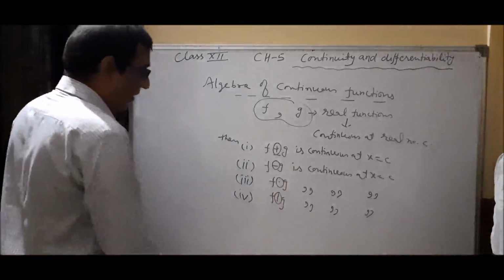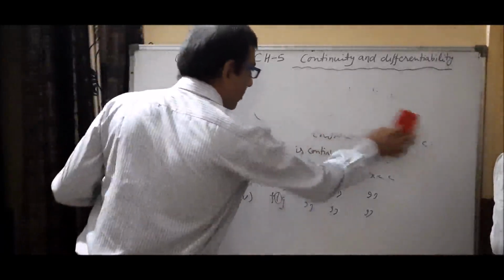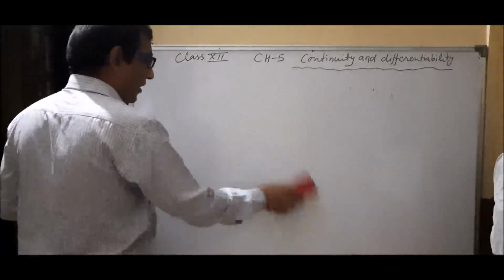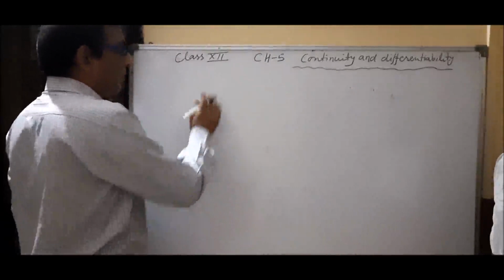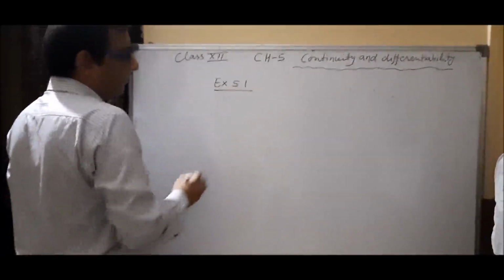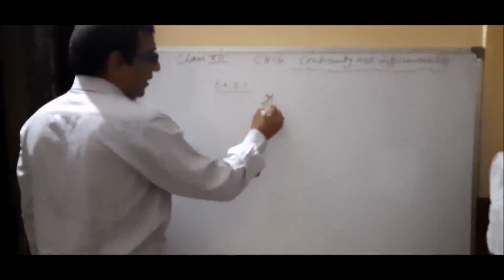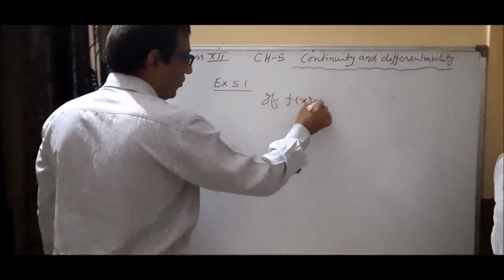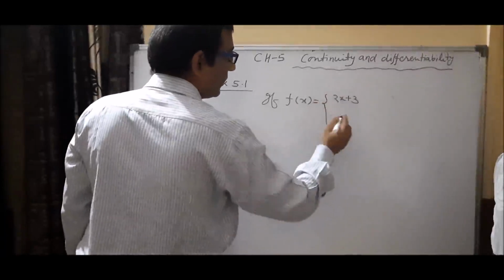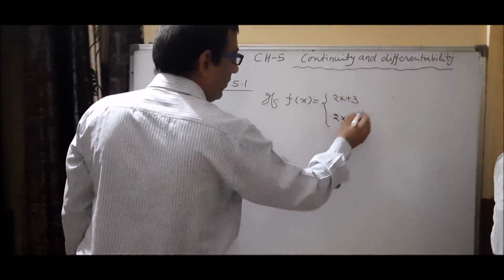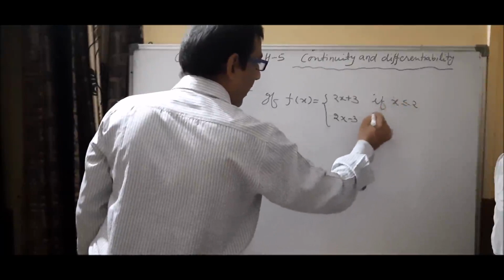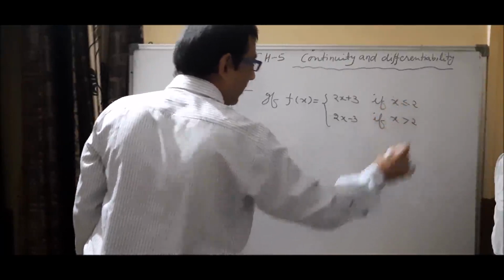Now I am continuing with one example or question related with continuity. So the question is related with exercise 5.1, and the question is if f(x) equals to 2x plus 3 if x is less than equals to 2, and 2x minus 3 if x is greater than 2.